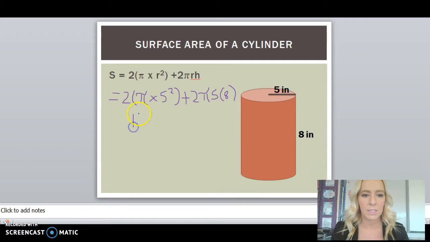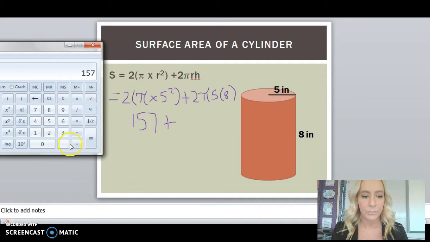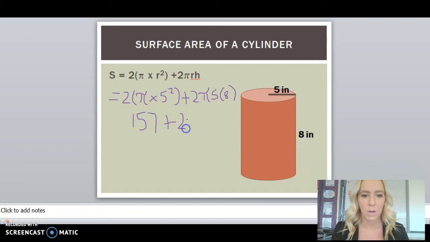So we have 157 plus, clear my calculator, 2 times pi, or 3.14, times 5, which is my radius, times 8, which is my height. 251.2. Then at this point, I can just add the two terms together.